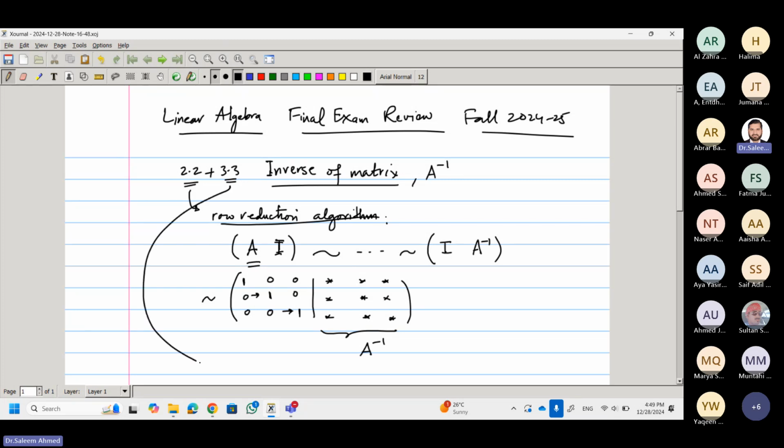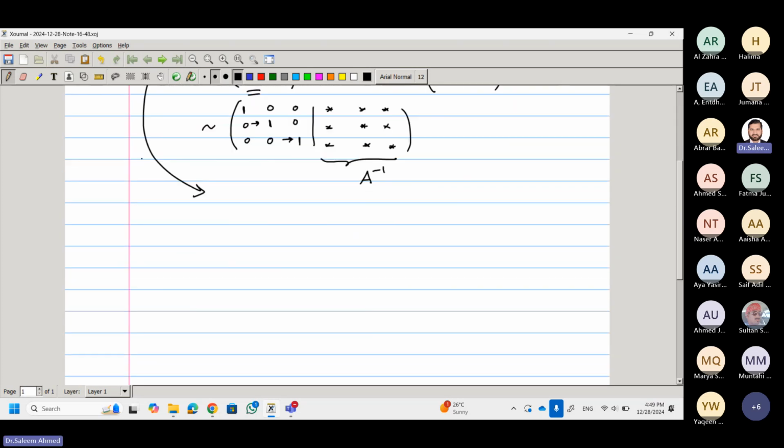In 3.3, we had a formula to find the inverse. And that formula is A inverse is equal to 1 over the determinant of A times the adjoint matrix of A. So that formula is from 3.3. So you can use any method here. The adjoint matrix is basically the transpose of the cofactor matrix: C11, C12, C13, C21, 22, 23, 31, 32, 33.